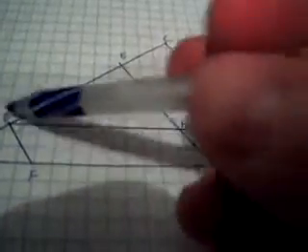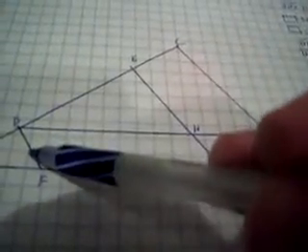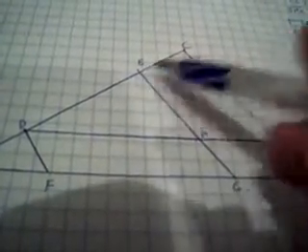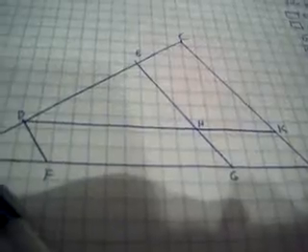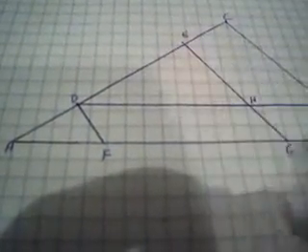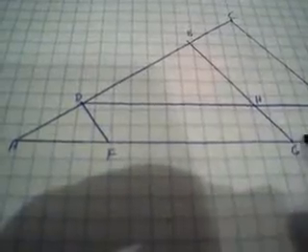And now we can say that FD is parallel to GE. Well, FD here is parallel to GE. These two lines are parallel. And GE happens to be one of the sides of triangle AGE.